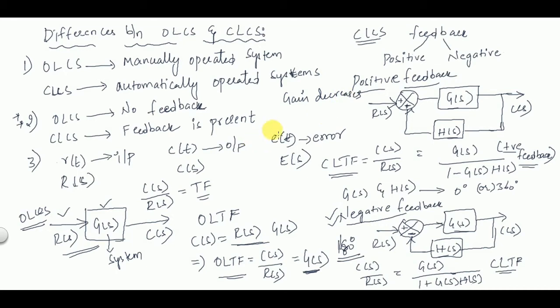In negative feedback, gain decreases by a factor of 1 plus G of S into H of S. This is a very important point. This is the basic difference between open loop and closed loop control systems.